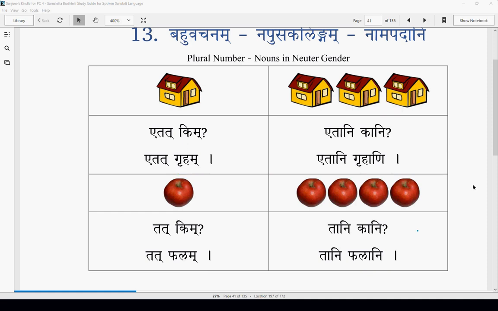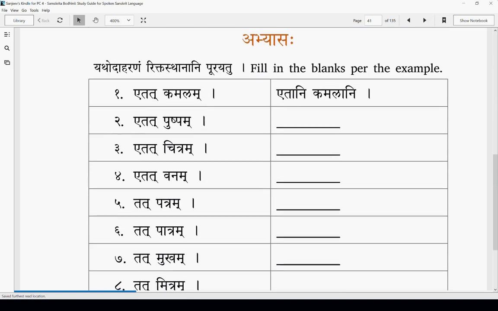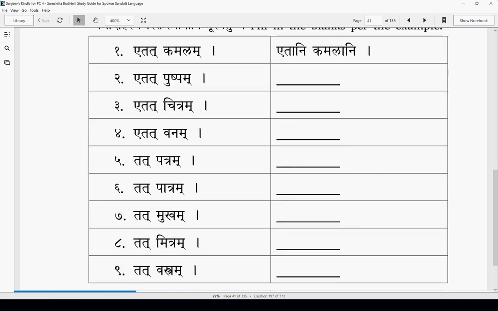So you can refer to this and we can go through it later. Okay, a few words here.